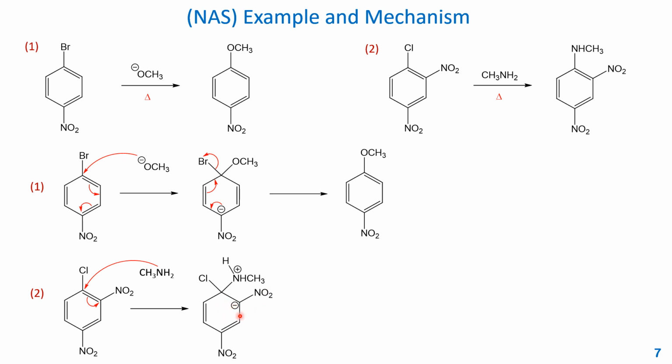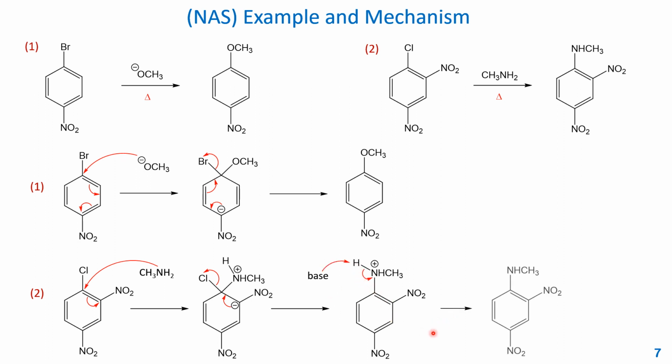If you draw the resonance, you can draw the negative charge here, also stabilized. Now, the second step is the negative charge pushing back, kicking off the leaving group, forming this intermediate. I call it an intermediate because it's not the final product. You do need to deprotonate the proton here because you want the product as neutral. So you need a base to deprotonate a proton, and then the final product is a neutral substituted aniline.